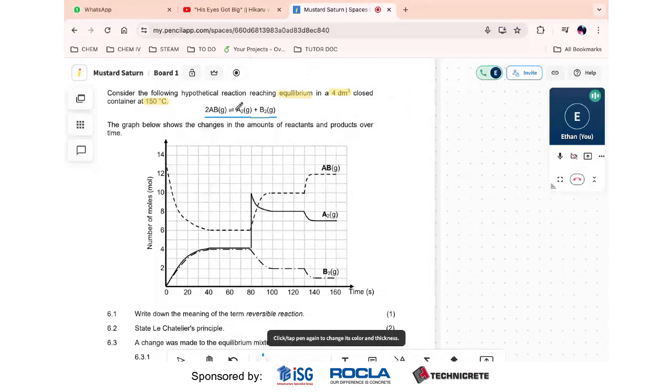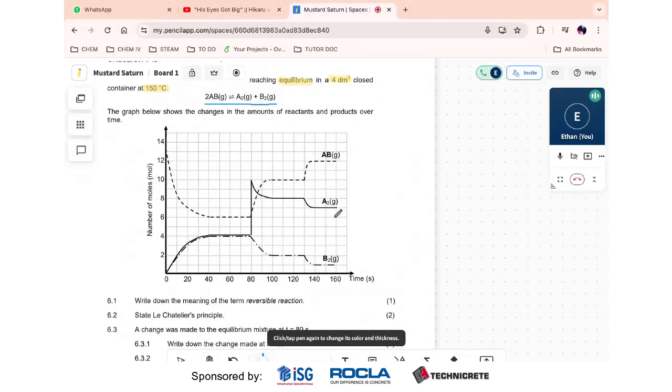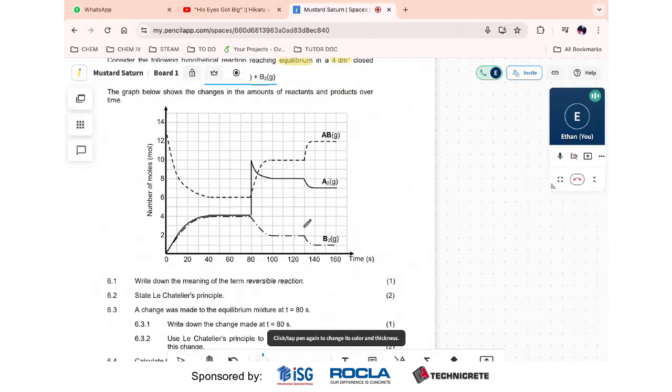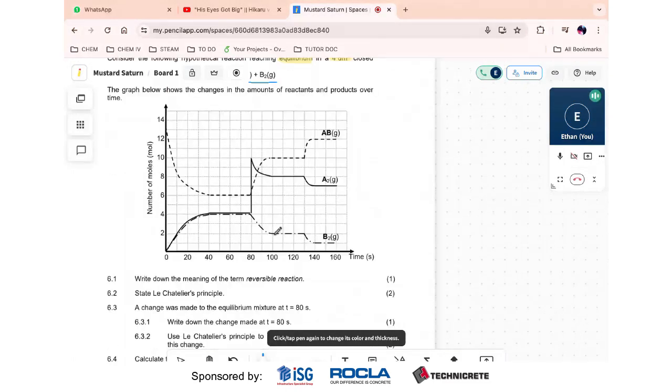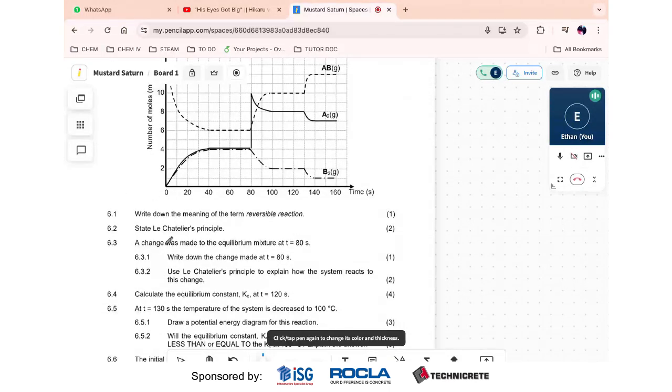So because it's at equilibrium, that's why we have a reversible reaction. And then we're given the graph here of the amount of reactants. Okay, good. So now we understand some of the preamble information given in the question. Let's get to the actual questions.